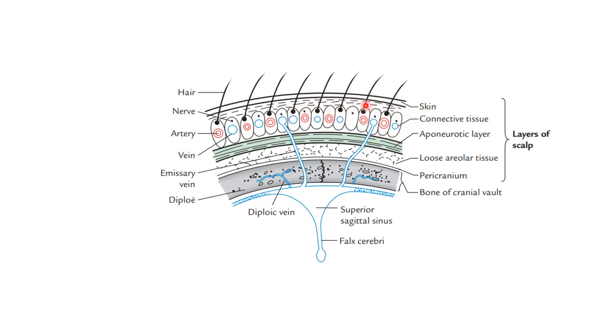The blood vessels and nerves of the scalp lie in this layer. They enter it from below at the periphery. The walls of the vessels are adherent to the fibrous network.